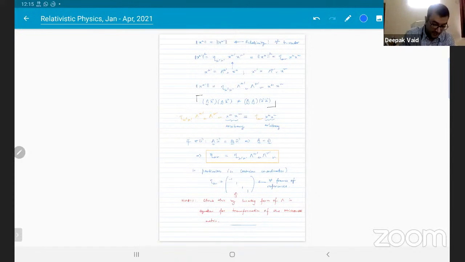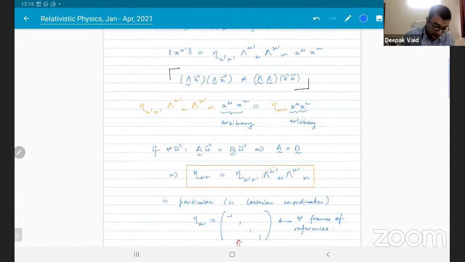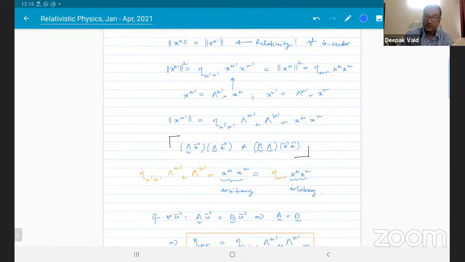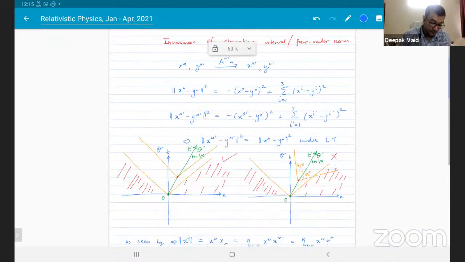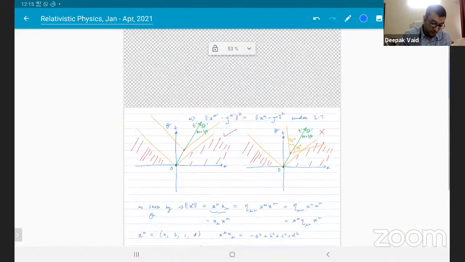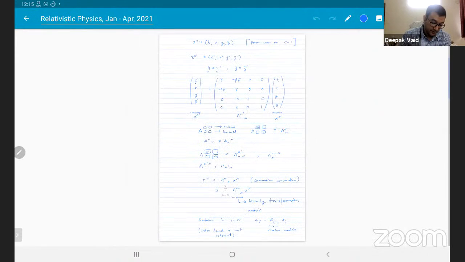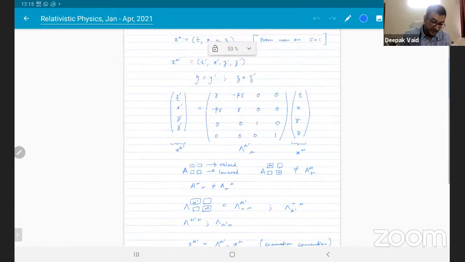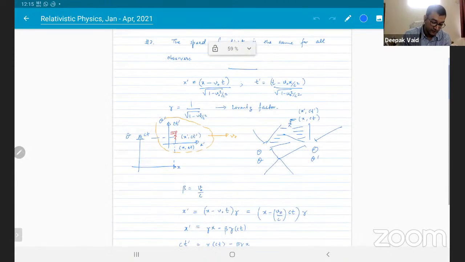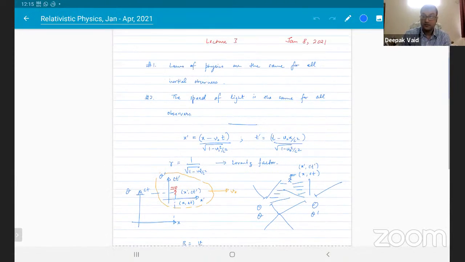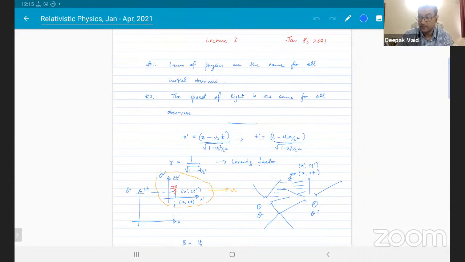And also just to mention that, well, what is this lambda, by the way? This lambda and this eta, these are all tensors. X is also a tensor, but X is a rank 1 tensor. These are rank 2 tensors. So we'll talk more about tensors, what is a tensor, in the next lecture. Okay. And tensors seem like something very scary when you first encounter them. I remember that when I first learned about tensors, it took me a while to understand it.